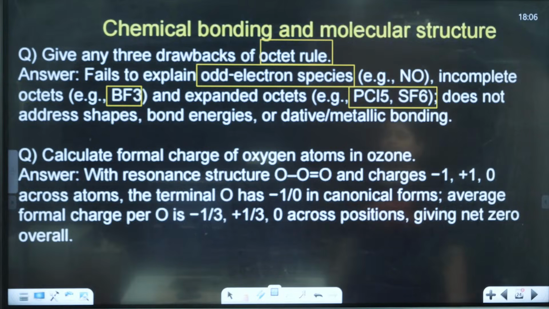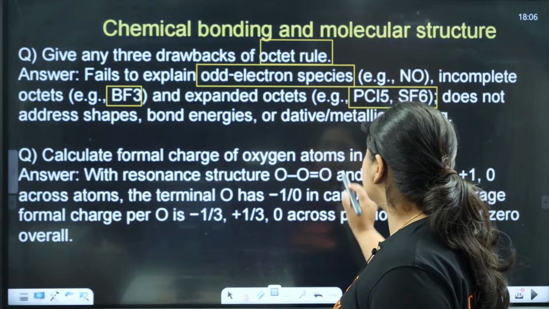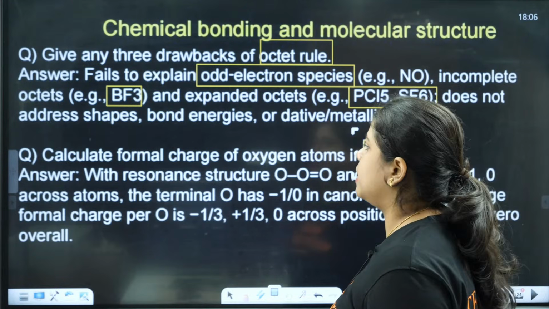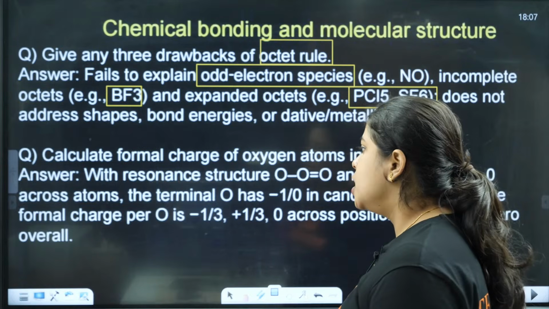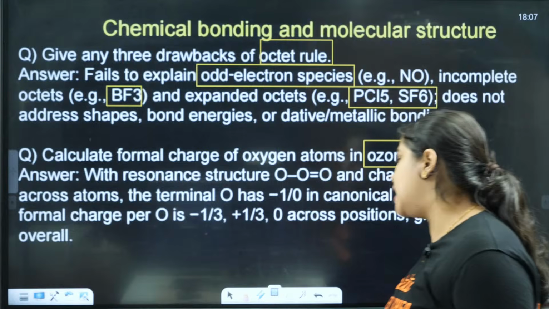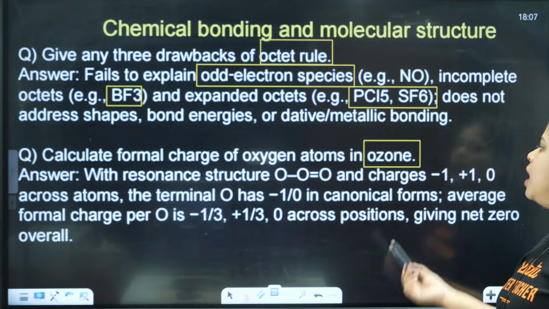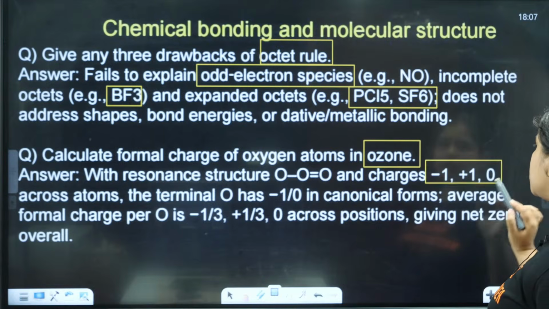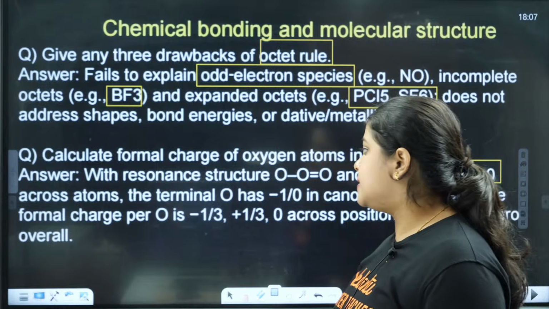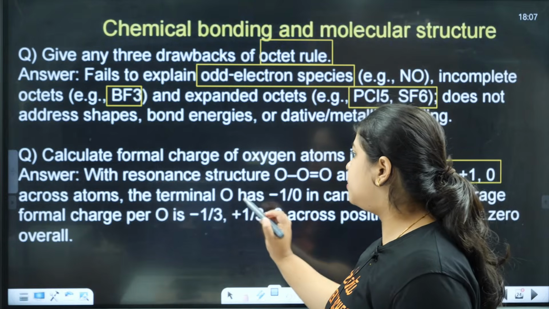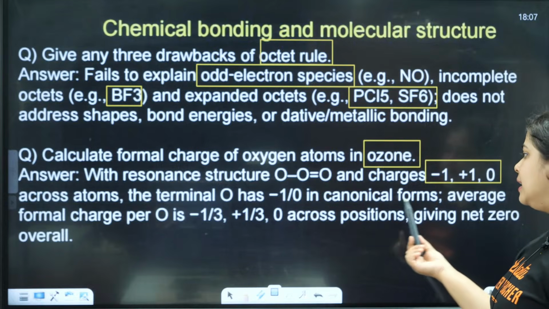Next, calculate the formal charge of oxygen atoms in ozone. So, in ozone, we need to explain the formal charge of an oxygen atom. With the help of the resonance structure, oxygen single bond, oxygen double bond, the charges will be what? -1, +1 and 0 across the atoms, and the terminal O has -1 or 0 in the canonical forms.